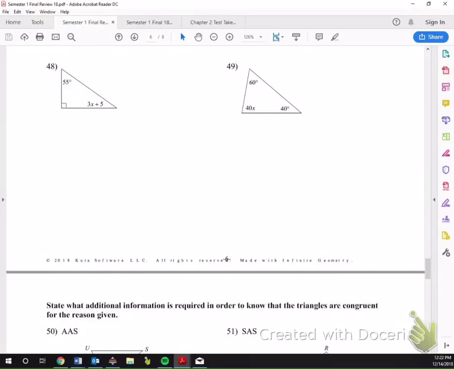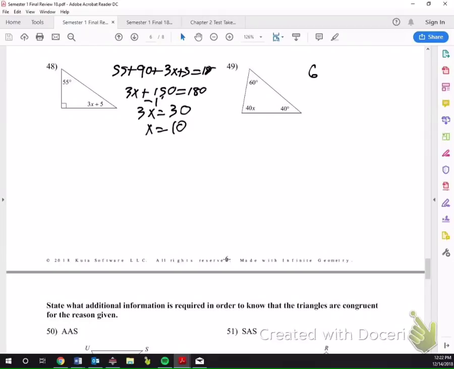Same thing for 48 and 49. 55 plus 90 plus 3x plus 5 equals 180. 3x plus 150 equals 180. 3x equals 30, or x equals 10. So again, between this step we subtracted 150, and in this step we divided by 3. Make sure that if you do it to one side, you do it to the other.